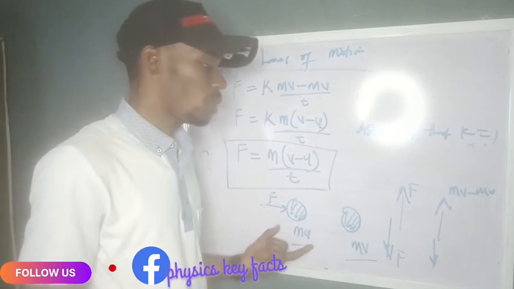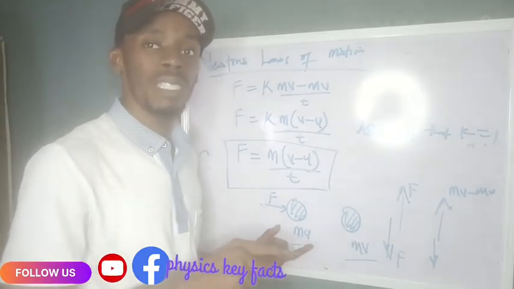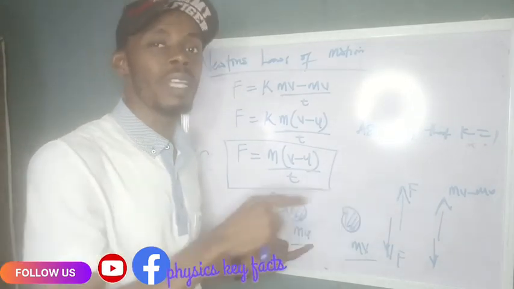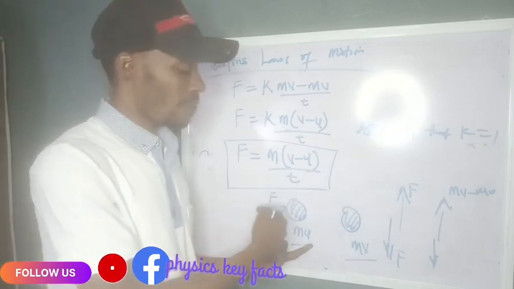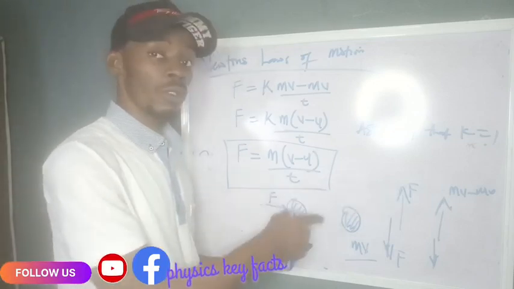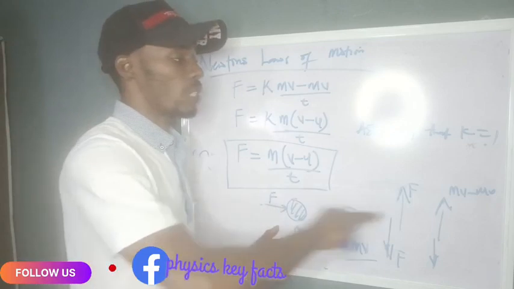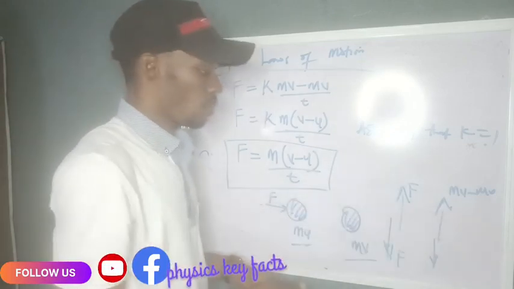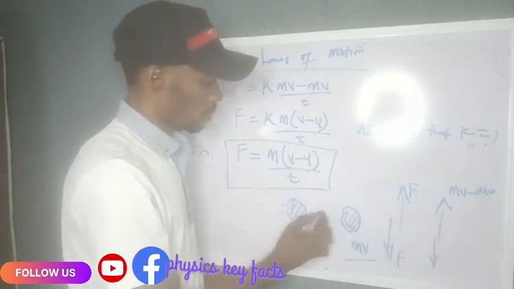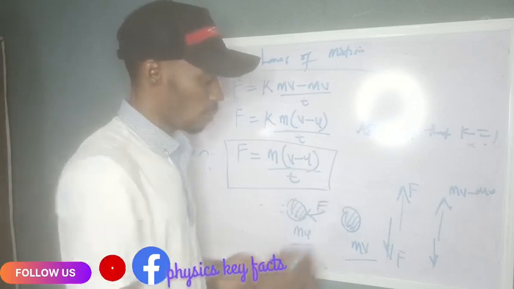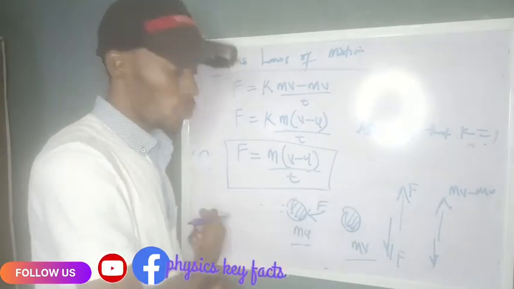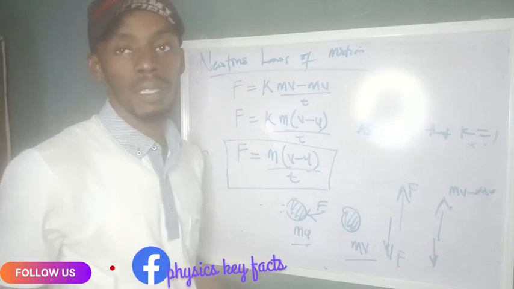And the change in momentum will always take place in the direction of the applied force. It means if I apply a force in this direction to this body, the change in momentum will take place in this direction. But if I come from this direction to apply a force on this body, the change in momentum will take place in this direction.